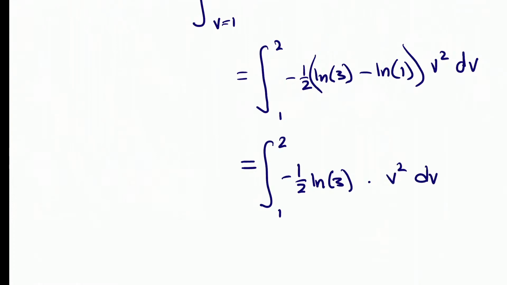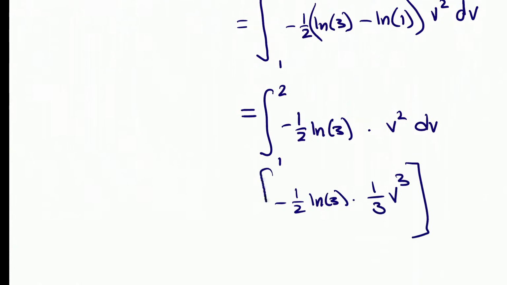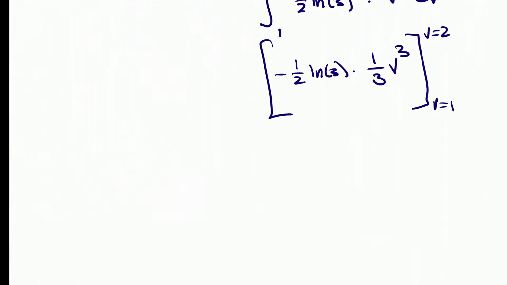All right, one more antiderivative that Matthew's going to do for us. Matthew, what is the antiderivative of v squared? Oh, it's amazing, isn't it? So this is going to be negative 1/2 ln of 3, and then you've got v to the third over 3, which I'll write like this. And then we're going to plug in v equals 1 and v equals 2. So all that's left is plugging in our numbers. It can't be that hard, could it?